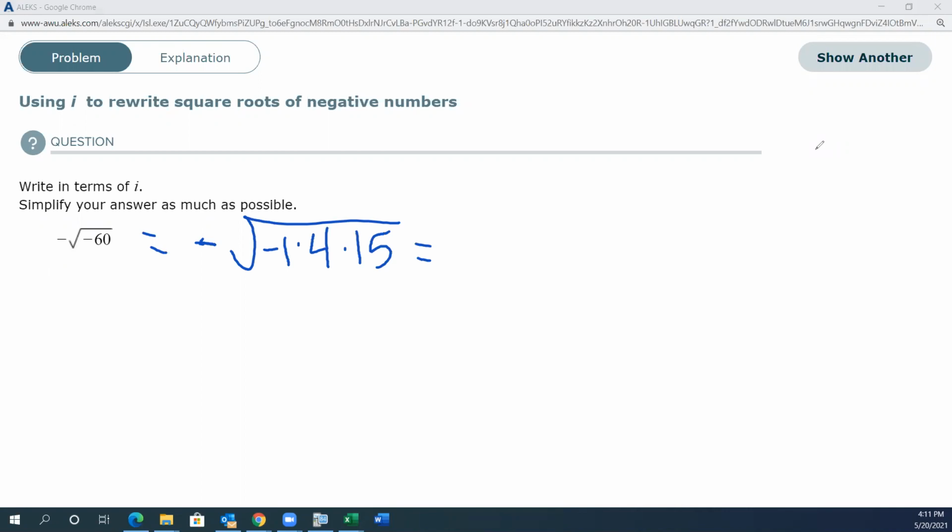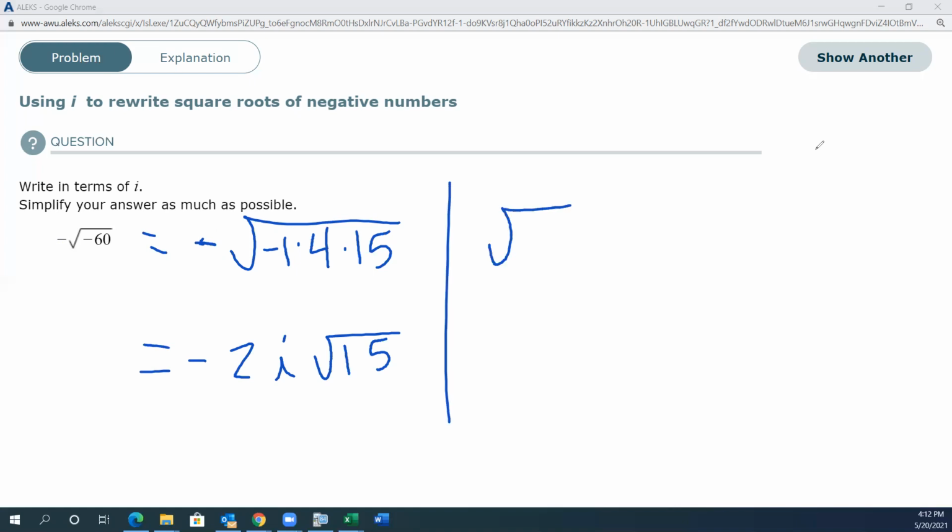So now this negative sign out front, it never does anything. It just stays there. Square root of -1 is i, square root of 4 is 2, and square root of 15 is square root of 15. Okay, why did I write it in the order I did? It's just tradition. You could have changed the order. Okay, and that's how that's done.